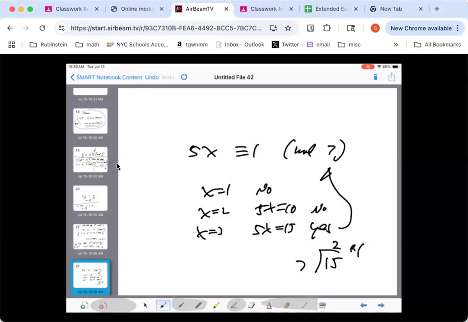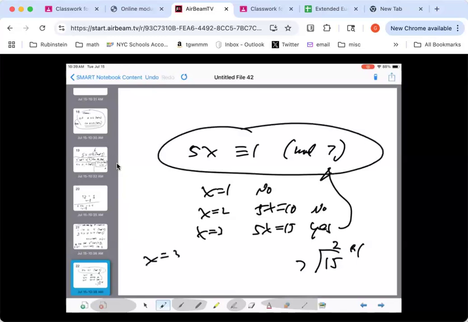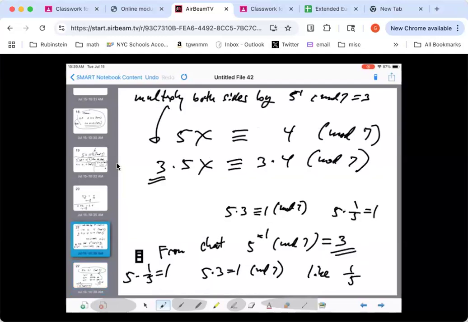So what we say when this is true, because x equals 3, we say that the inverse of 5 in mod 7 world is equal to 3. That's what we were doing yesterday, finding the inverse. And today I'm showing you we can actually use the inverse.